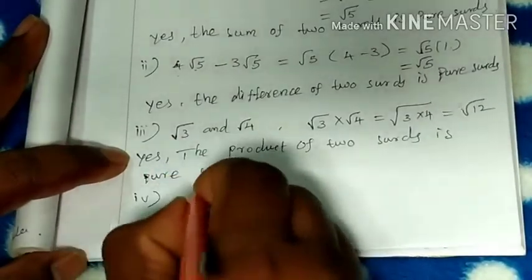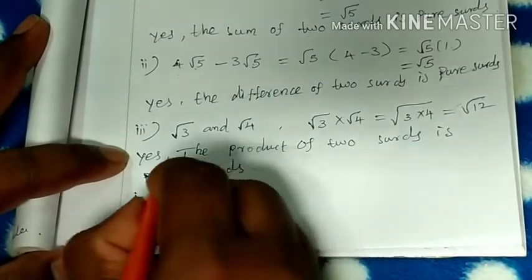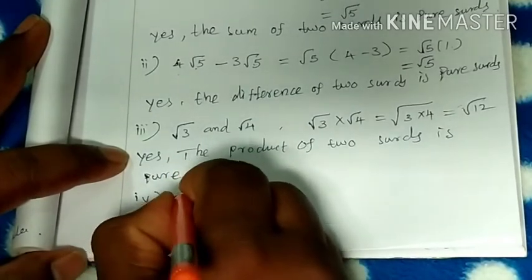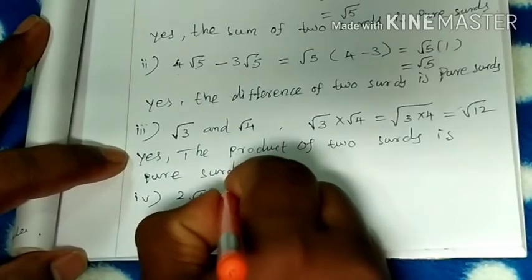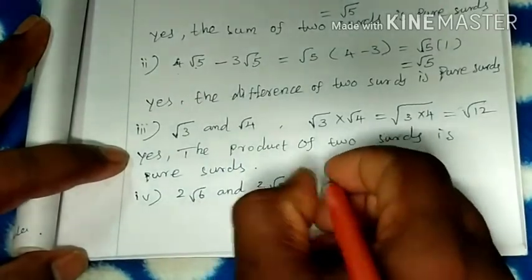Next, the fourth subdivision: the quotient of two surds. Let us consider 2 into root 6 and 2 into root 2.